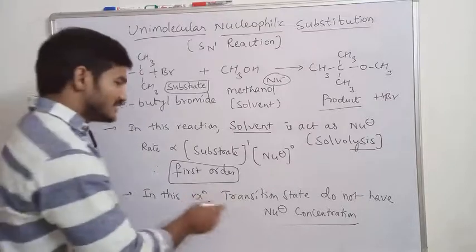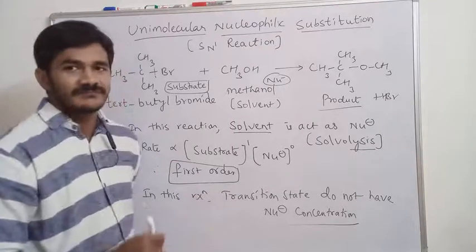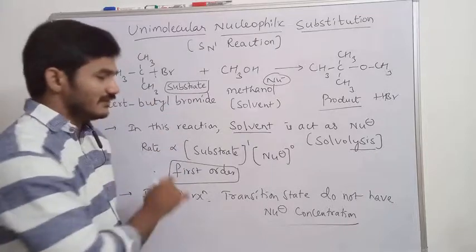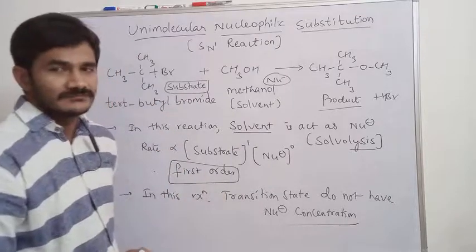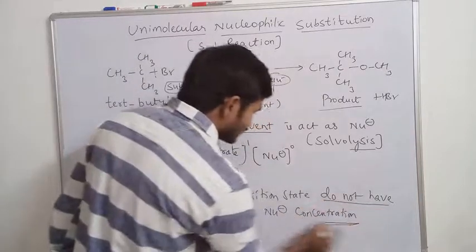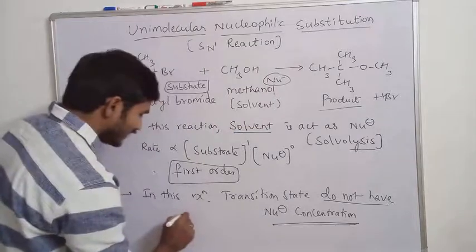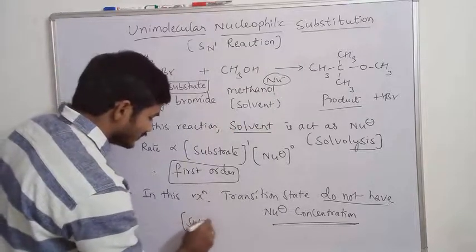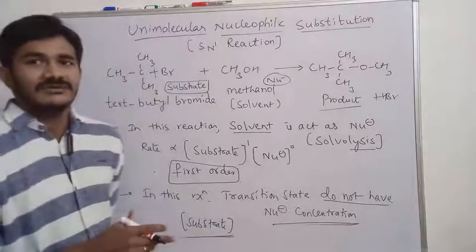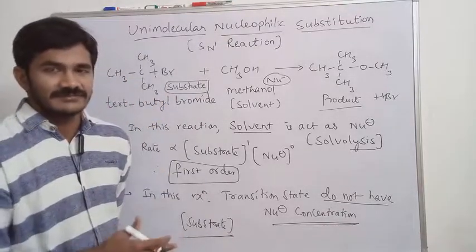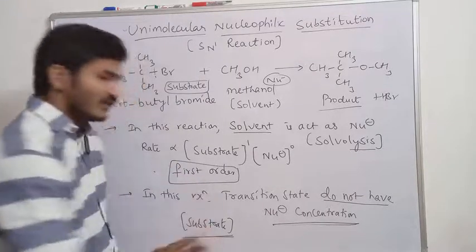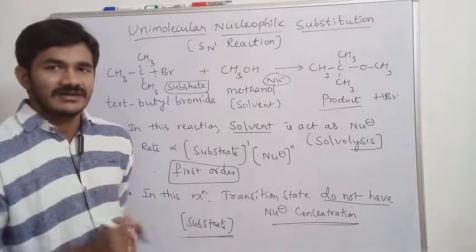That's why the concentration of nucleophile can be taken as independent. There is no role for the nucleophile in the SN1 reaction. The transition state has only the concentration of the substrate. Only one molecule is involved in the reaction mechanism. In the rate determining step, only one molecule is involved. That's why it is said to be a unimolecular reaction.